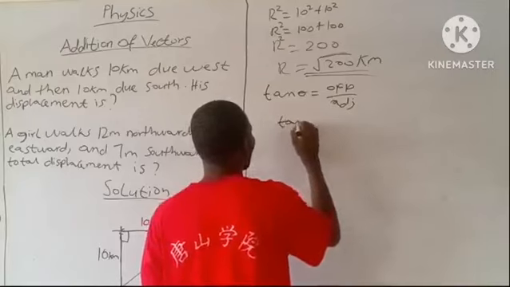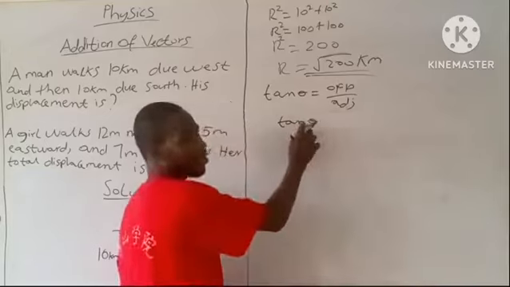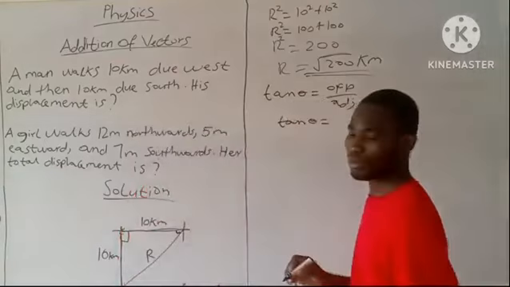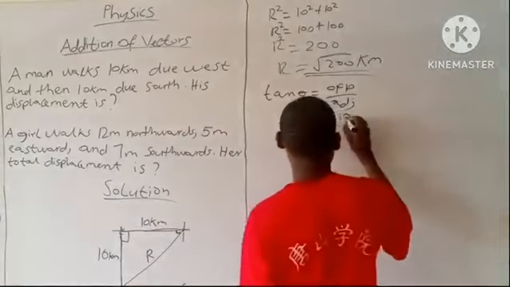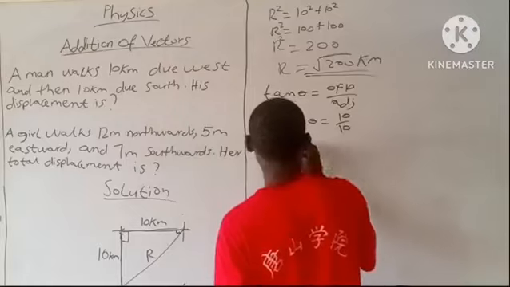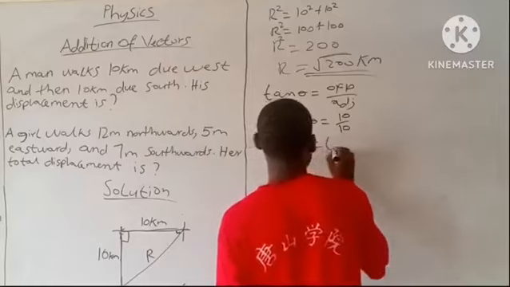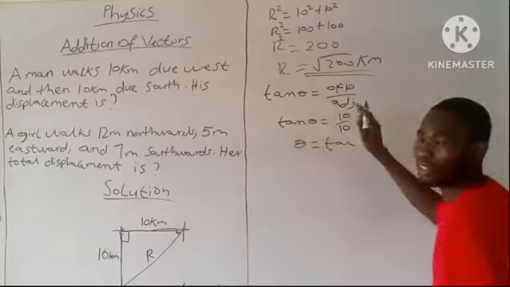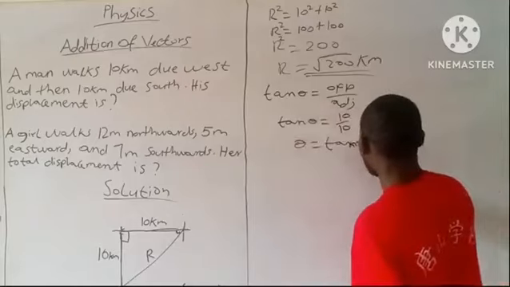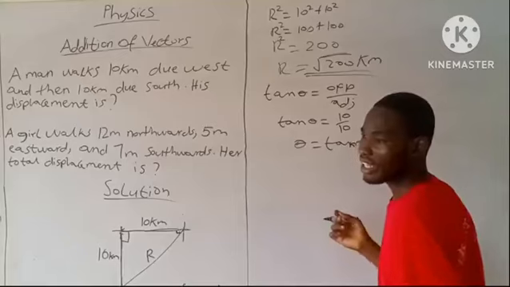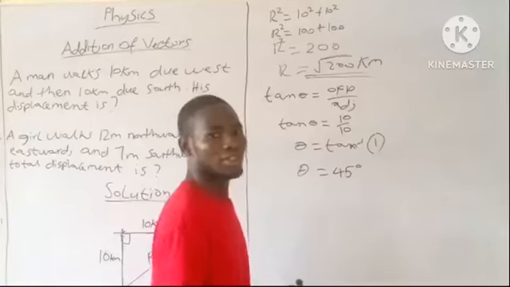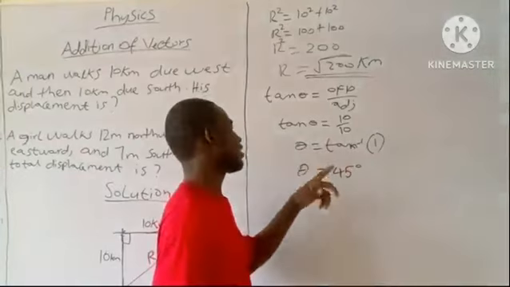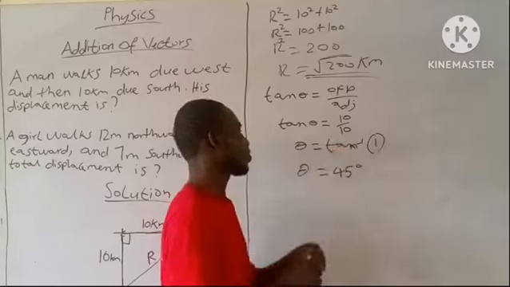We are looking for theta, the angle. The opposite is 10 over 10. So theta is equal to tan inverse of 10 over 10, which is tan inverse of 1.